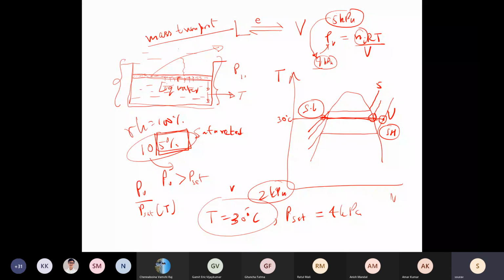And now your air is again at RH equals 100%, and this condition is back to your equilibrium condition.